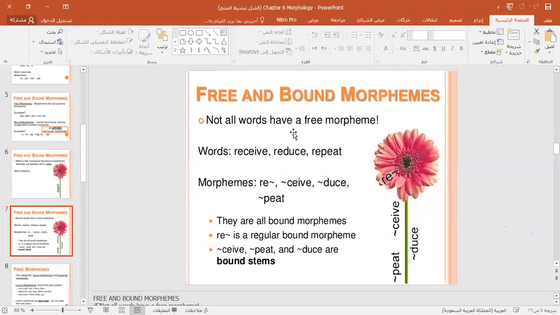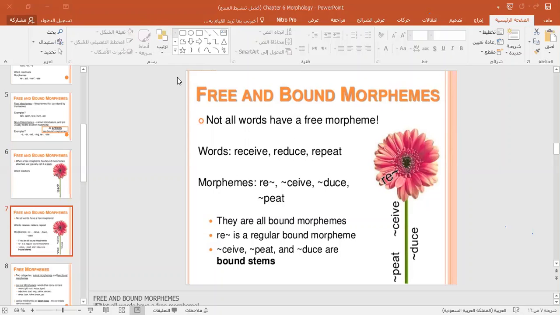Re and sieve. What about the word reduce? Two morphemes. Re and use. Repeat. Two morphemes. Re and peat.